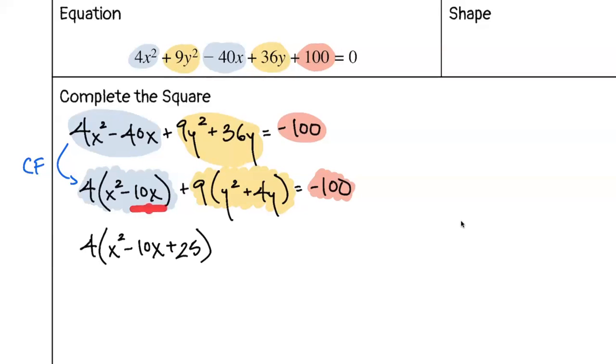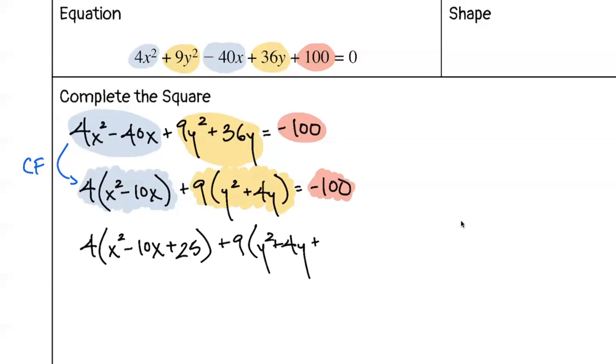I take the linear coefficient, I cut it in half, and then I square it. So 10 divided by 2 gives me 5. 5 squared gives me 25. Plus, let's try that same thing over here. I already have y squared plus 4y. So what's half of 4? 2.